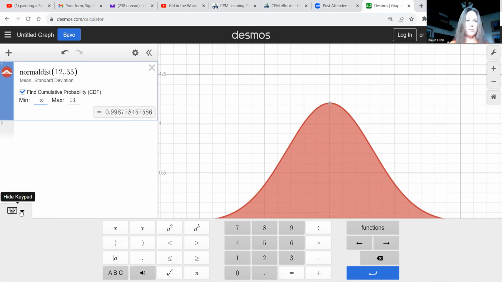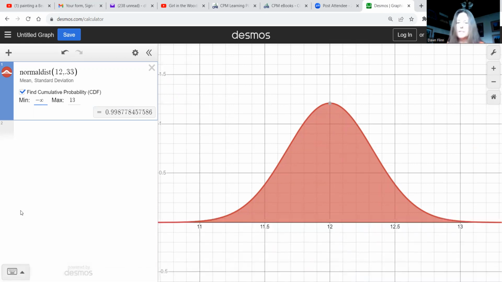And let's get this out of the way. So the 13, you can't really see it down there, but basically this model is, 13, we'll see it's way out. It looks like it's just about 100%. The whole thing's shaded pretty much, except for just the little tiny bit that's past 13.